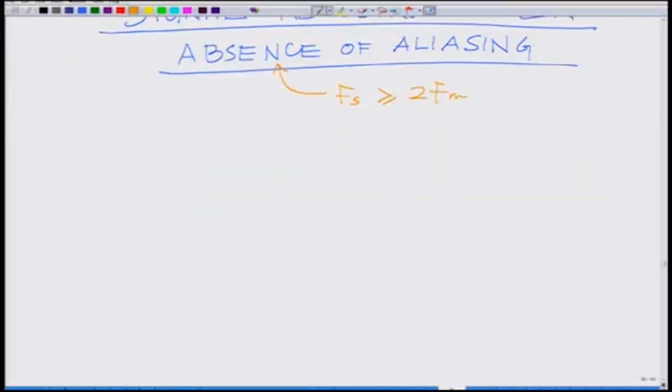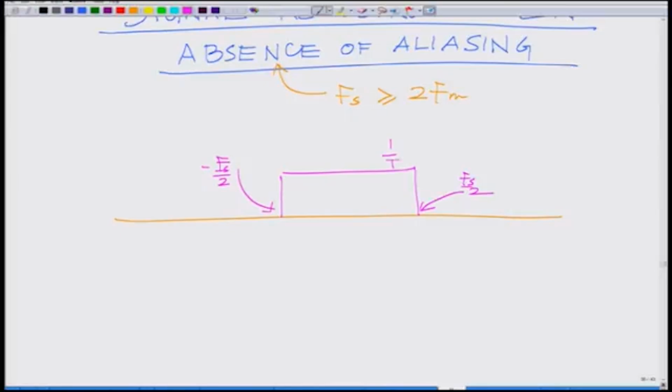Now, in that scenario, first what we do is we low pass filter as usual, with cutoff at Fs by 2, and you have to adjust for the scaling, which is basically 1 over Fs, or basically you have to multiply by Ts.